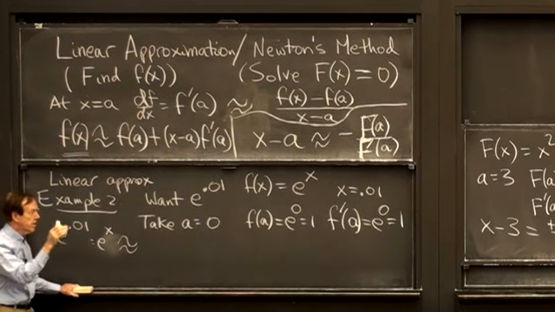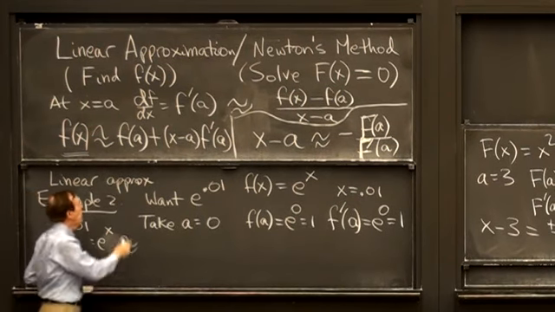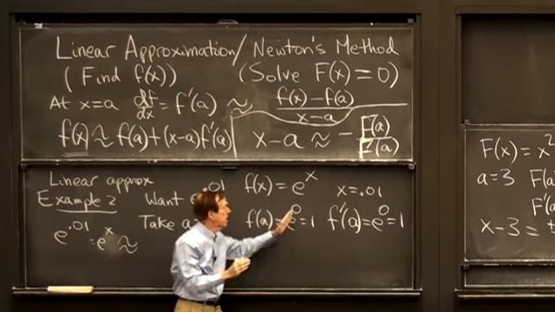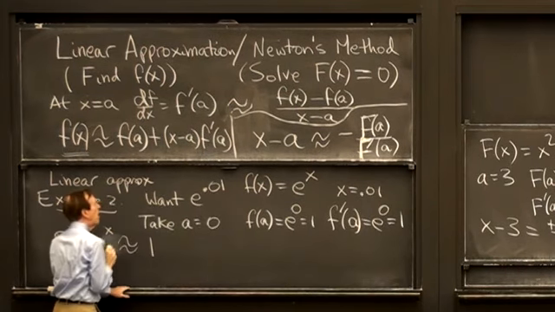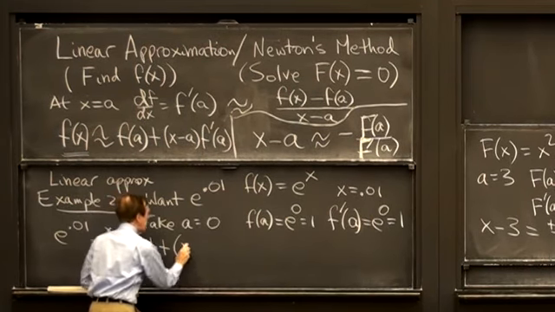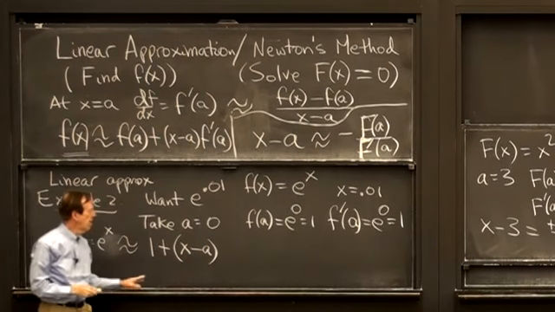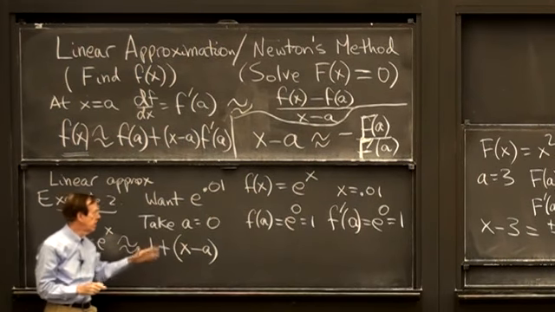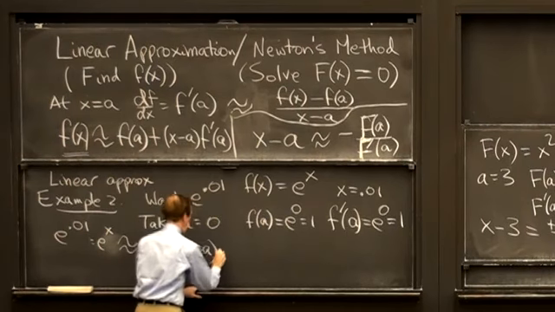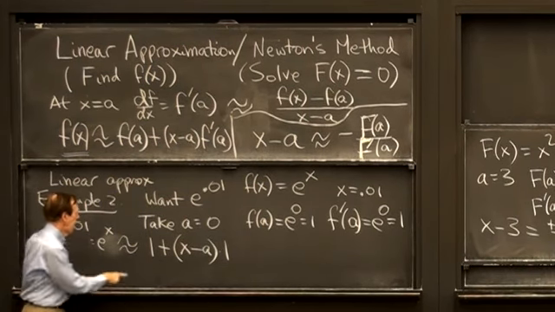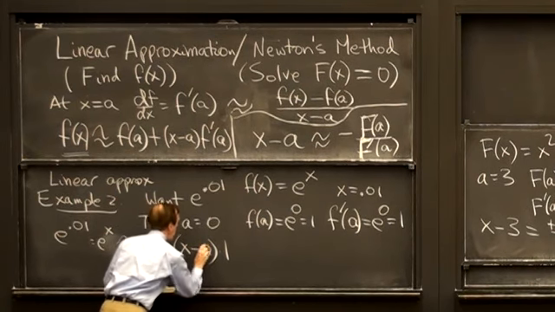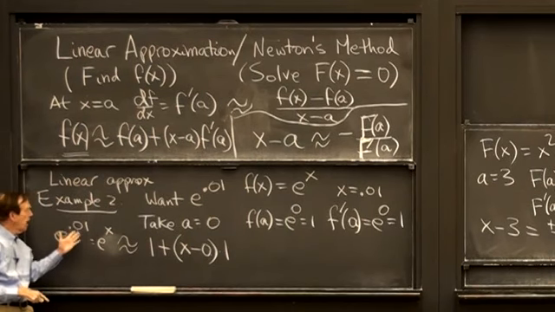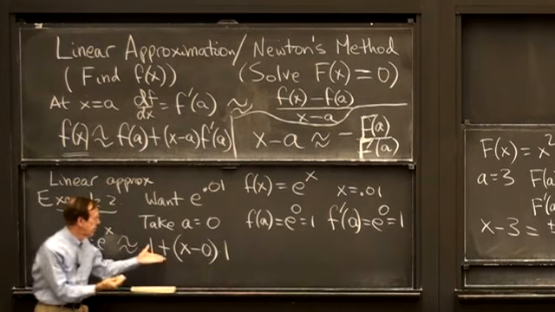It's the value at the known point 0, where the exact exponential is 1, plus x minus a times the slope, the correct slope at this not quite perfect point, 0, and the correct slope is 1. And of course a was 0. So you see I'm using all the facts at a to get an approximate fact at x. And what have I got here? I've just got 1 plus x.